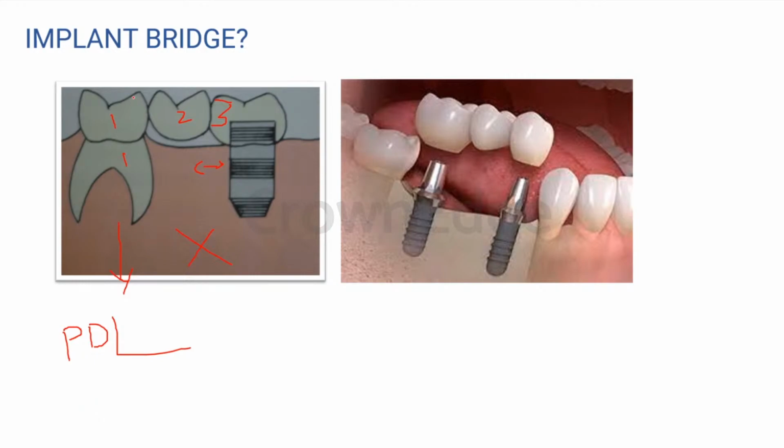So when forces act on the tooth or on the crown, it will transfer them to the PDL. As you know, the PDL is a shock absorber. It's a stress reliever. It takes a bit of the stress and distributes it all across the bone. But the implant does not have a PDL, right?